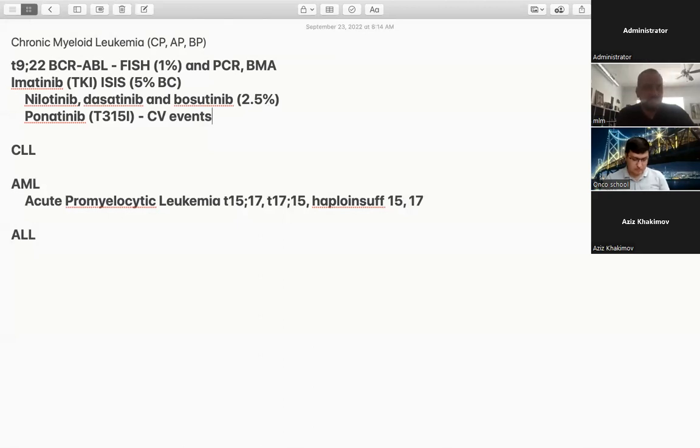If you see the T315I, then you need to switch over to ponatinib. And there are other newer agents such as homoharringtonine, and there's a new BCR-ABL tyrosine kinase inhibitor that hits a different pocket, but all of these are brand new and still super, super expensive. How hard is it for you guys to get imatinib in Uzbekistan?